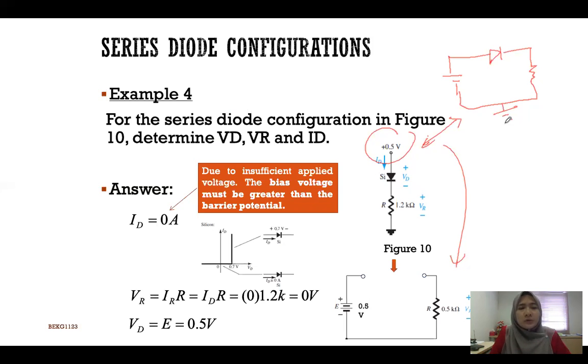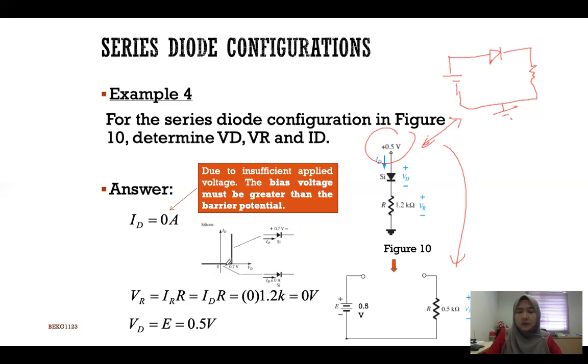So example 4, for the series diode configuration in figure 10, determine VD, VR, and also ID. If you look at here, this is actually a reverse bias.